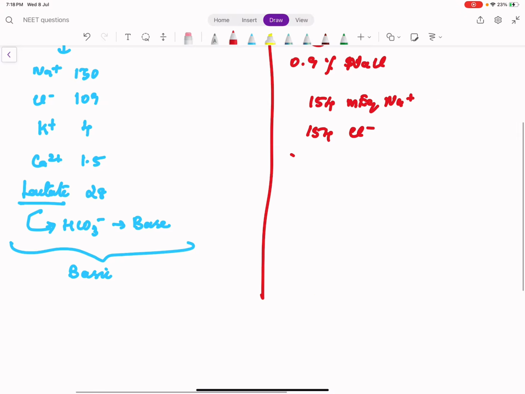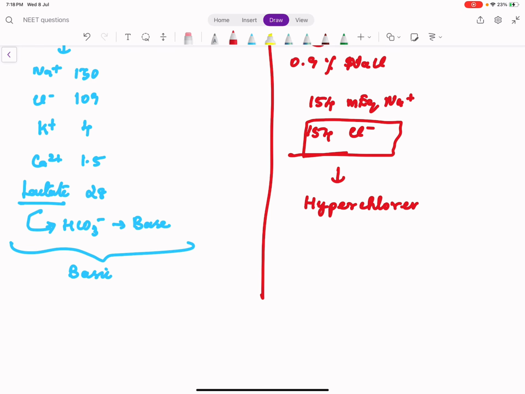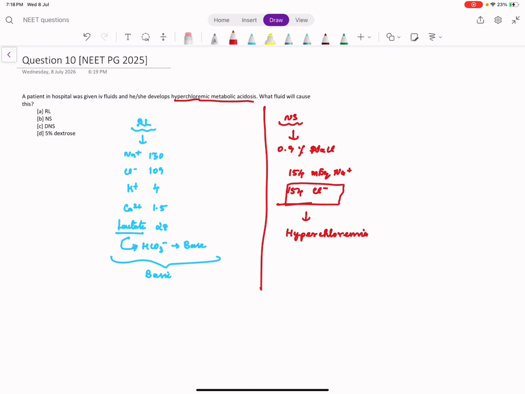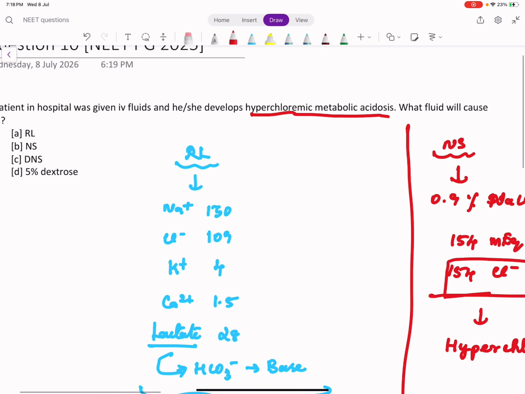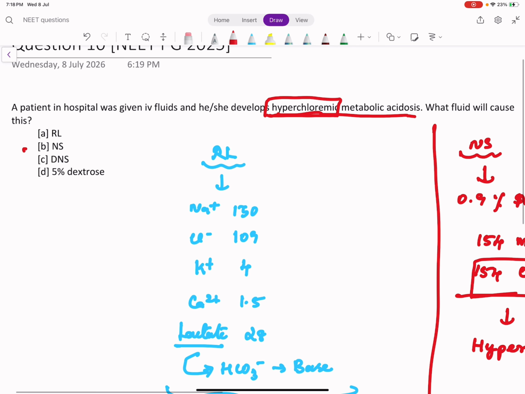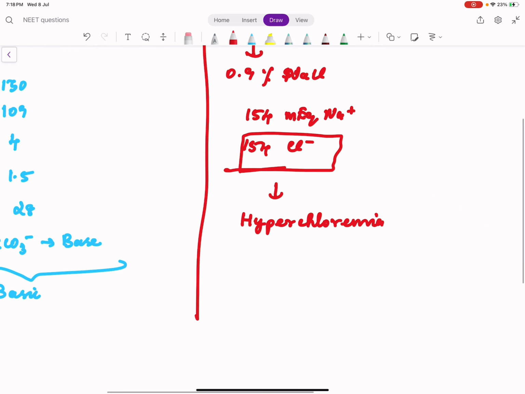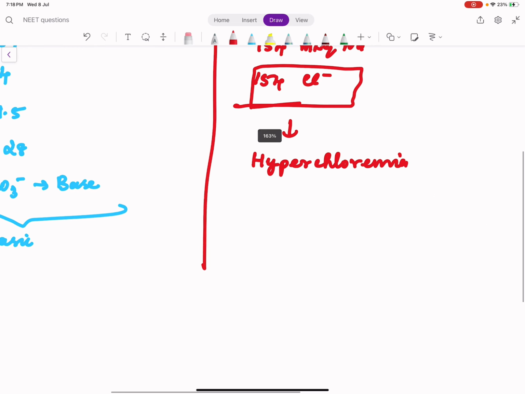And what happens when you give such a large amount of chloride in the body? It leads to hyperchloremia, obviously. So if you are not able to decode this question, just by the word hyperchloremia you can say the answer in this case is normal saline. We'll just discuss the mechanism.